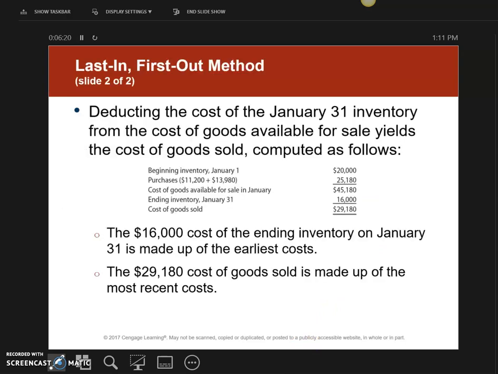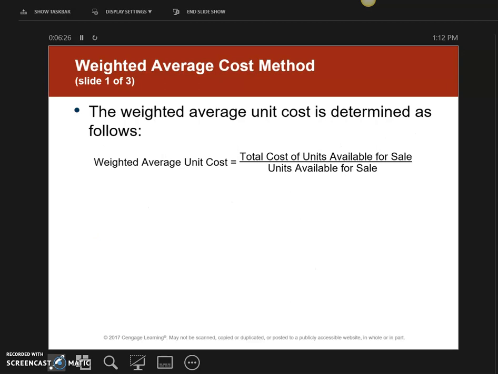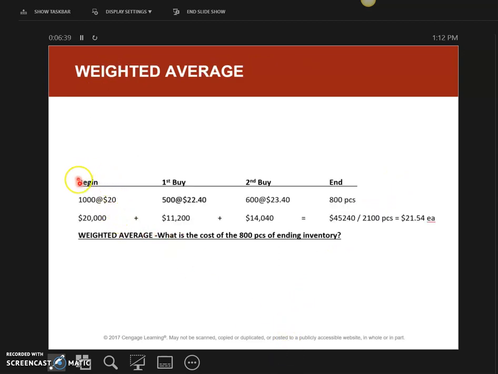Now next we're going to look at weighted average. Weighted average is a little bit different because you have to remember the formula. Here's my formula to find my weighted average cost: total cost of units available for sale divided by units available for sale. We're using the same data. Here's my beginning inventory, my first buy and my second buy, and then I have 800 pieces left.